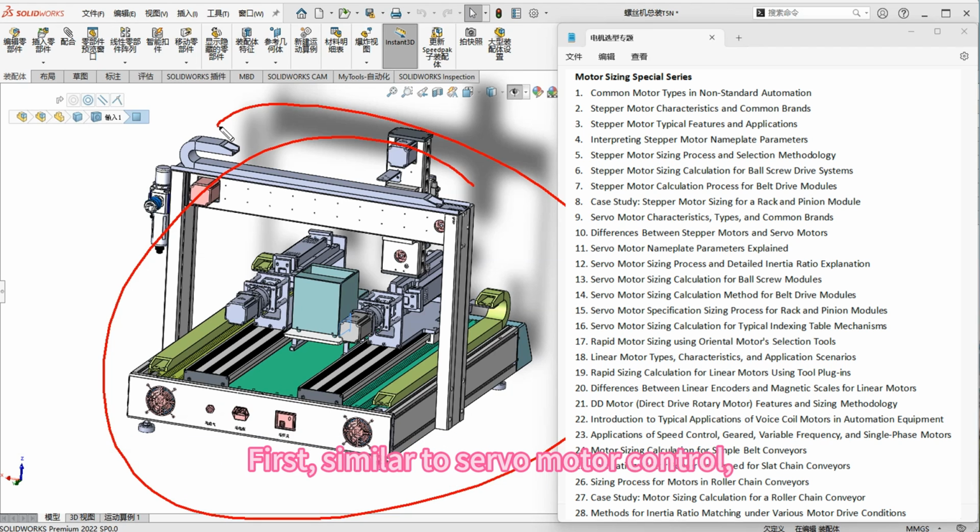First, similar to servo motor control. Generally speaking, a stepper motor requires a dedicated driver to send pulses for its operation. The angular or linear displacement is proportional to the number of electrical pulses. One pulse turns one step angle. By controlling the pulse frequency, we can control the motor's rotational speed. By controlling the pulse sequence, we can change its direction of rotation.